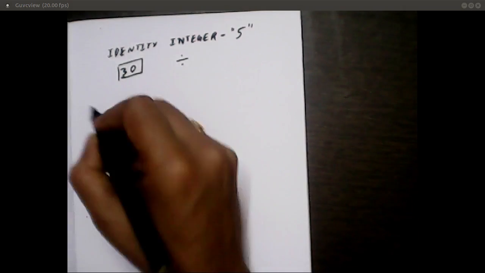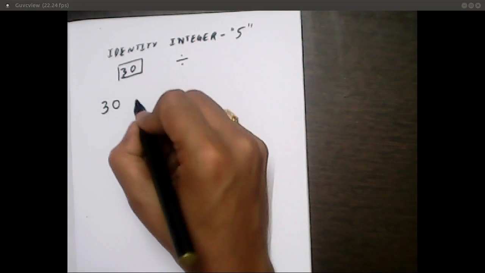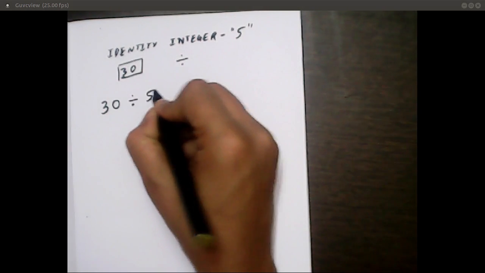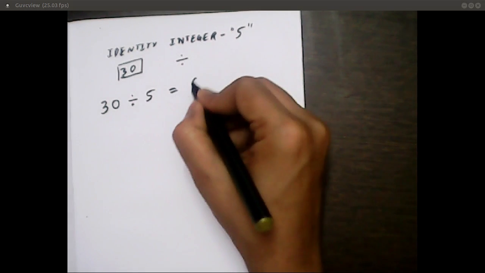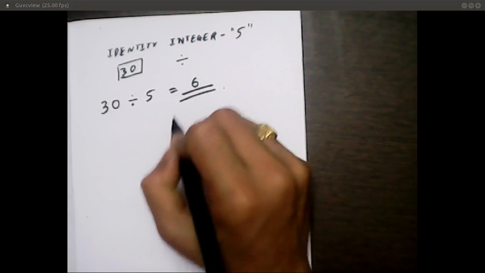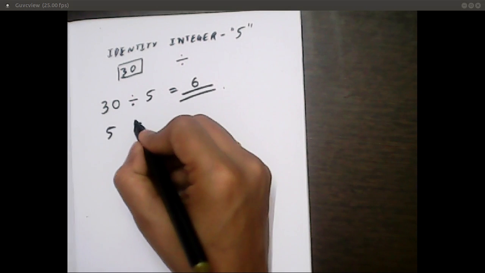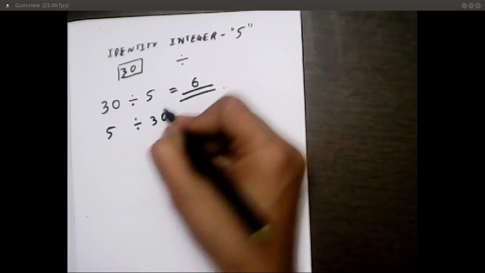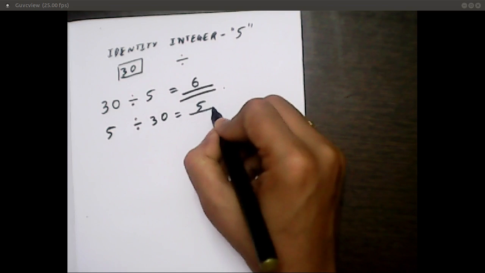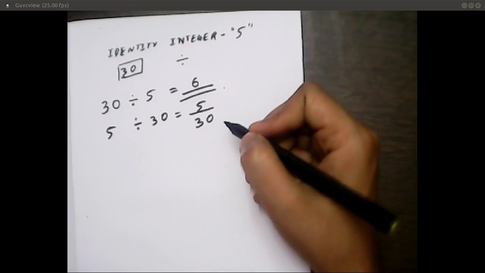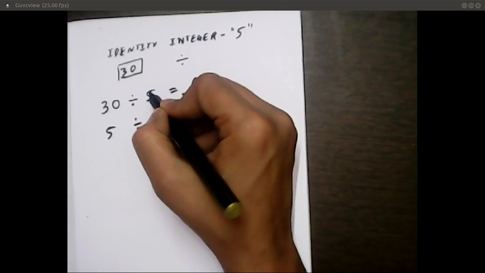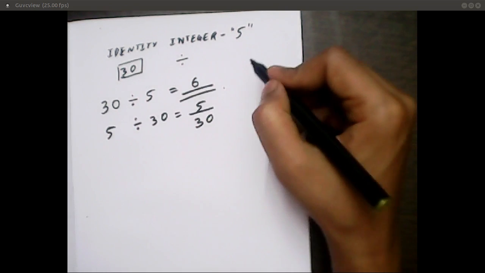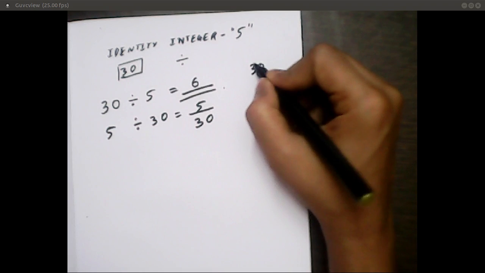So to check this, what do we have to do? First, let us divide 30 by 5 and let's see the answer. 30 divided by 5 is 6. Now what is 5 divided by 30? This is the fraction 5 by 30. According to the identity property, when you divide 30 by 5, the answer should be 30 itself.